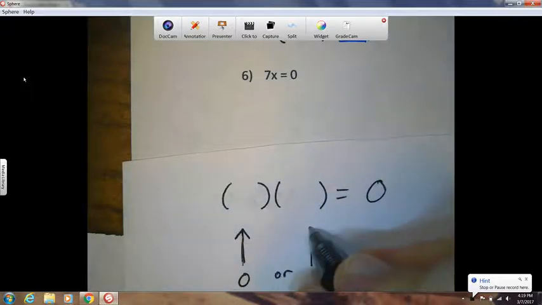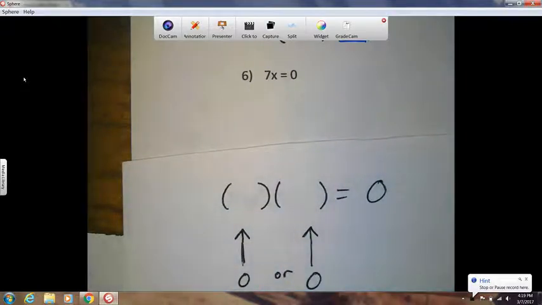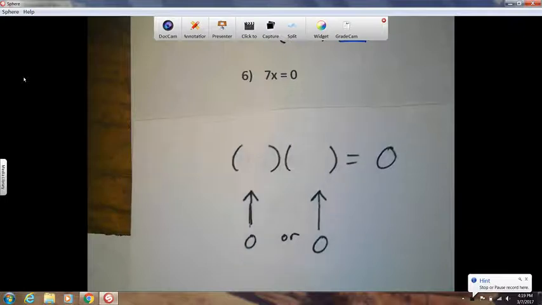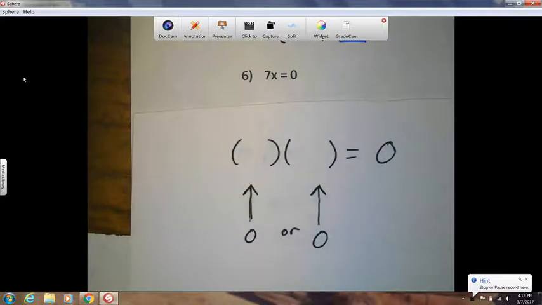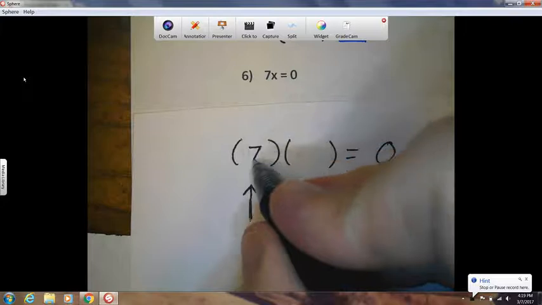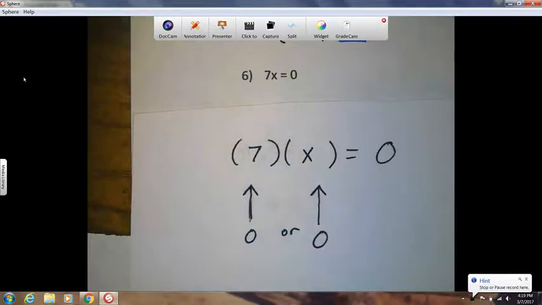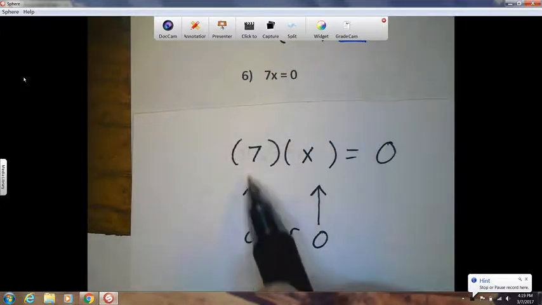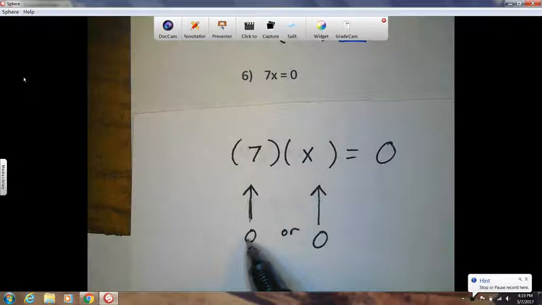So one of those has to be 0. So if I'm multiplying these two things, 7 and x, I know 7 is not 0. So that means, since it's not this one, that x is 0.